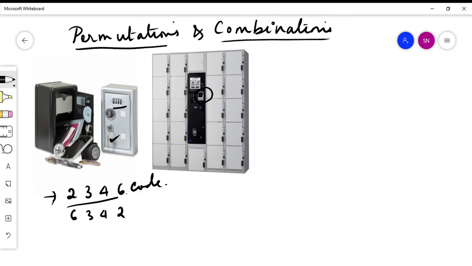In other terms, what is permutation? Permutation is nothing but arrangement of numbers in an orderly format, or arrangement of anything, whatever it is. Arrangement is very important. Whenever you have arrangement, blindly go for it, it is permutation.